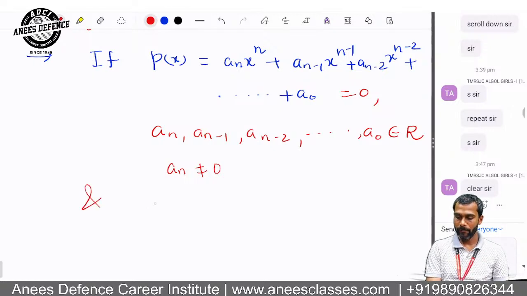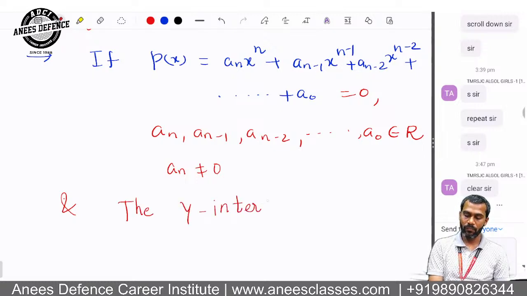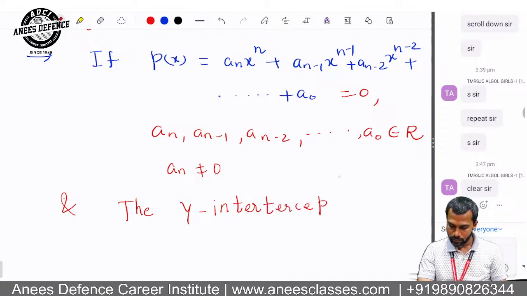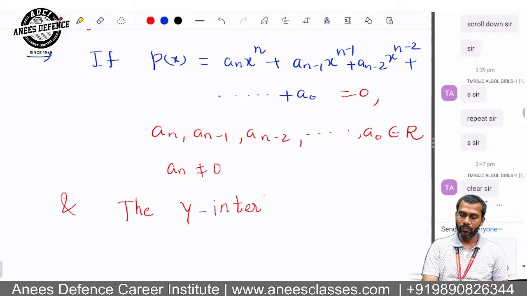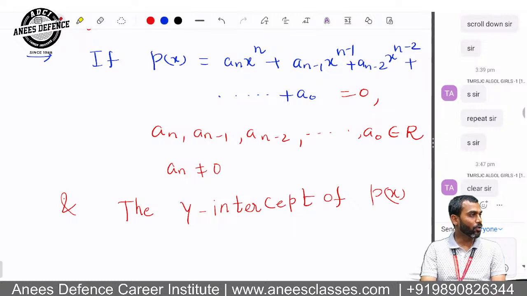And the y-intercept of p of x, y-intercept of p of x is k.